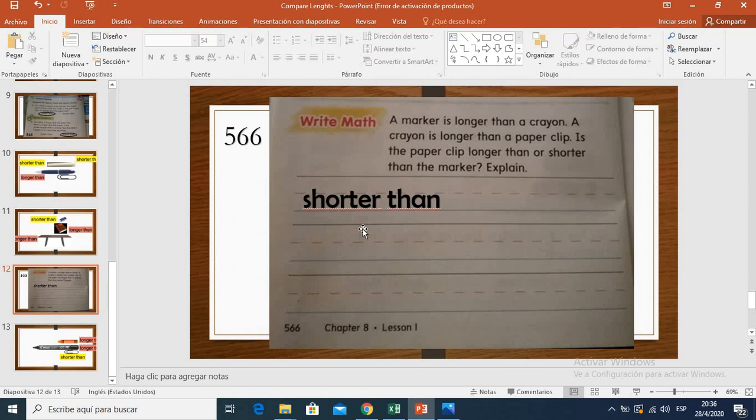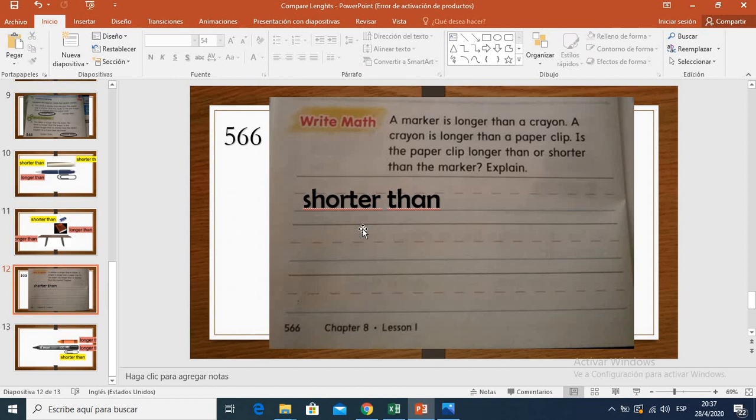Are you understanding about shorter than and longer than? It's easy, right? Try to make a short video comparing your pencil, your eraser, and a crayon, or comparing toys that you have at home, okay? Try to make a short video and send it to me. Tell your mother, Mom, make a video for Miss Marielos comparing my toys.